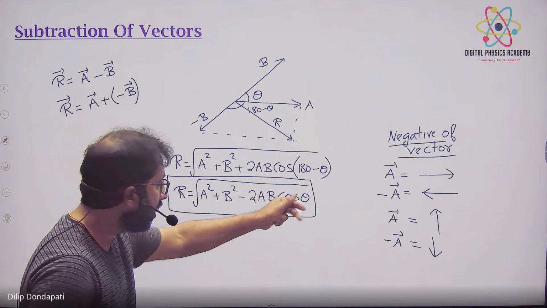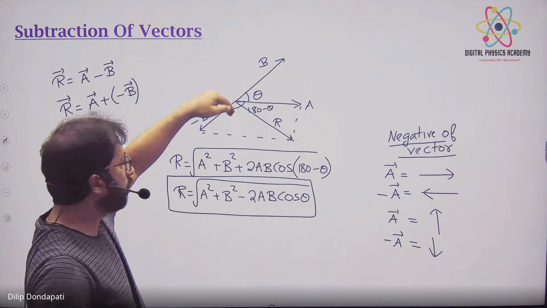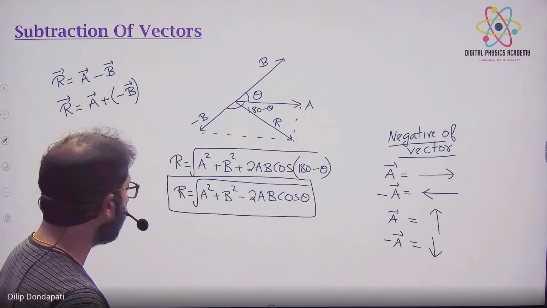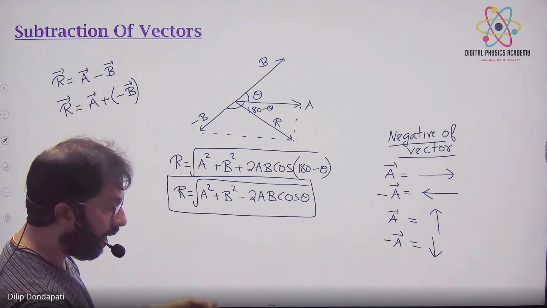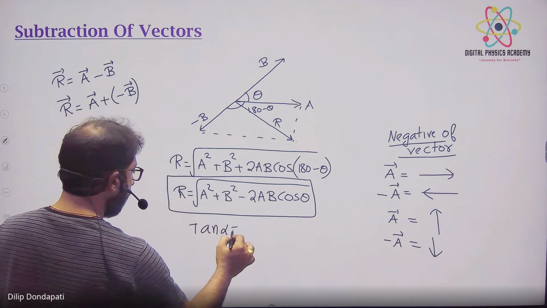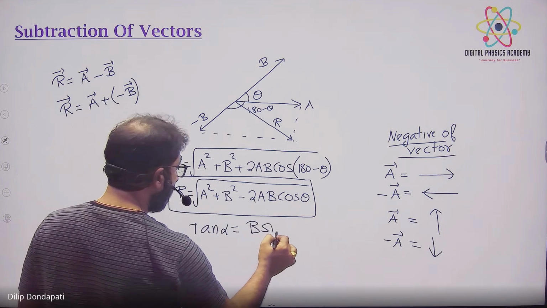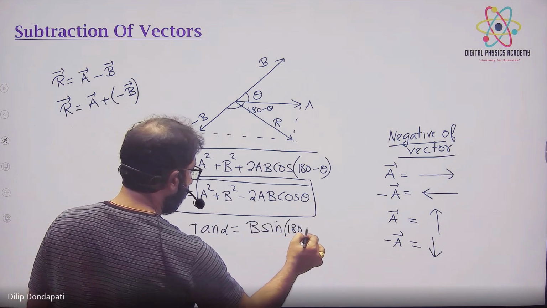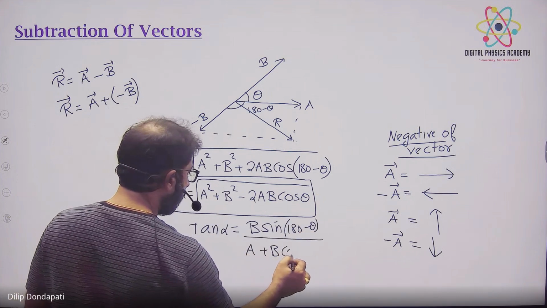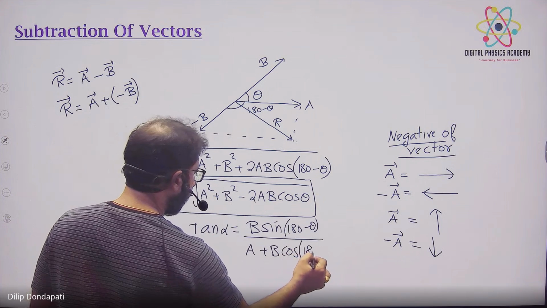And which theta should we take? The original one we should take. Again, don't substitute 180 minus theta. Use the original theta, the angle between the vectors, whatever is given. That one you have to substitute. And what is tan alpha in this? Instead of b sin theta, it is b sin 180 minus theta by a plus b cos 180 minus theta.